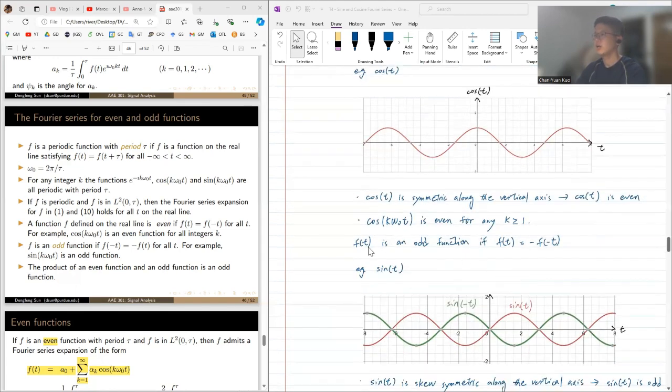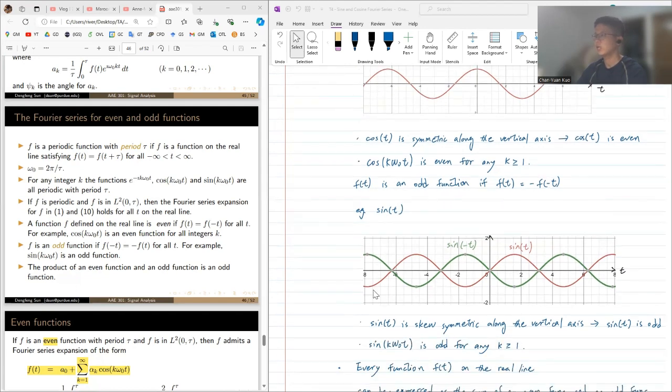And we say a function f is an odd function if f of t is equal to negative f of negative t. So this implies that f of t is skew symmetric along the vertical axis. One example is the function sine of t. The red line here is the function sine of t, and the green line here is the function sine of negative t.